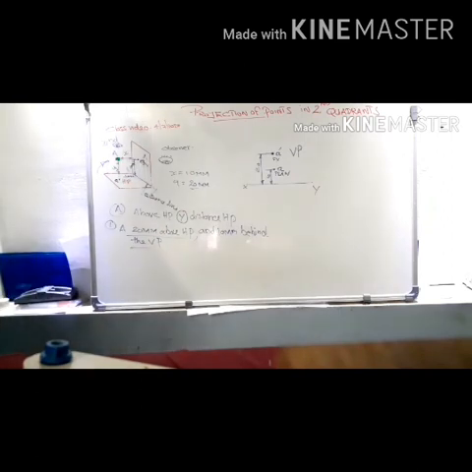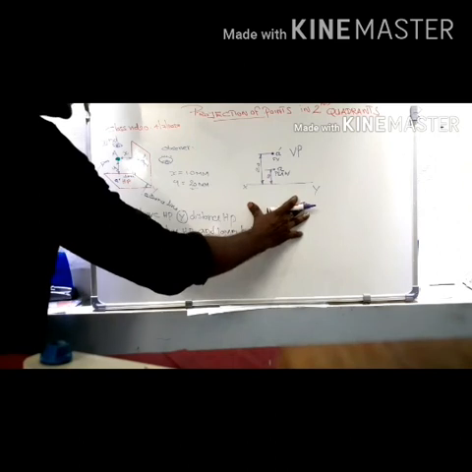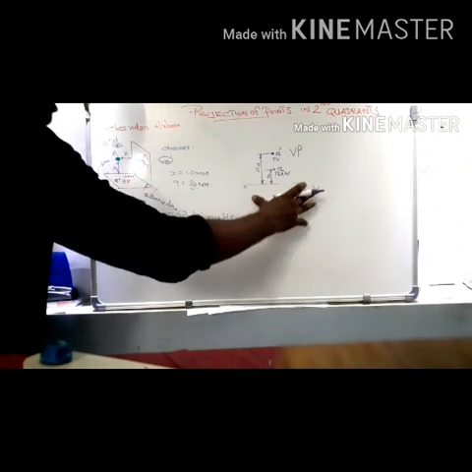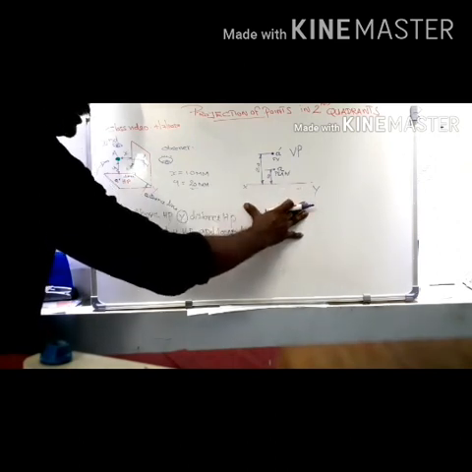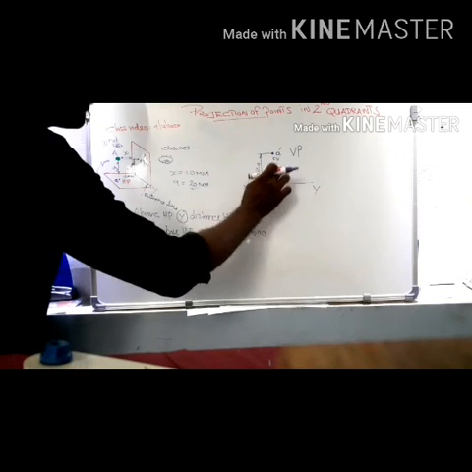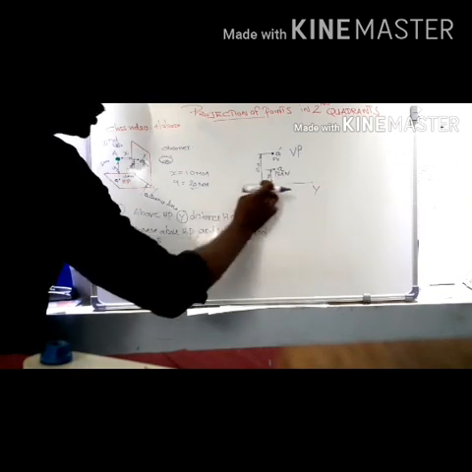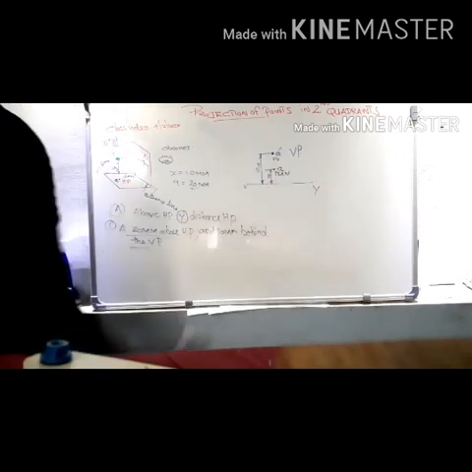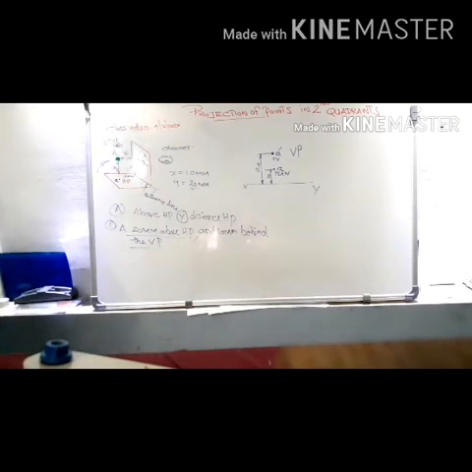What is the speciality of the second quadrant? In the case of the second quadrant, the plan and the front view come above the XY line. That is the speciality of the second quadrant.